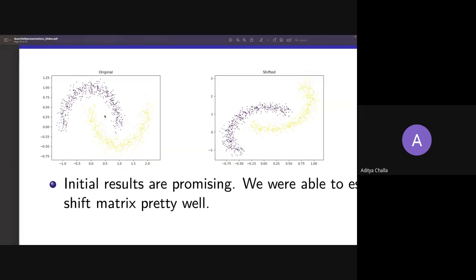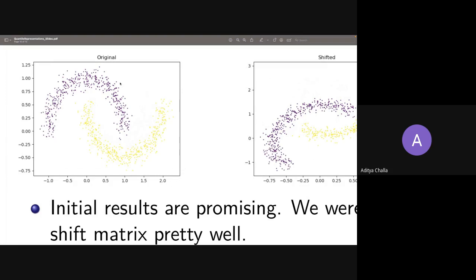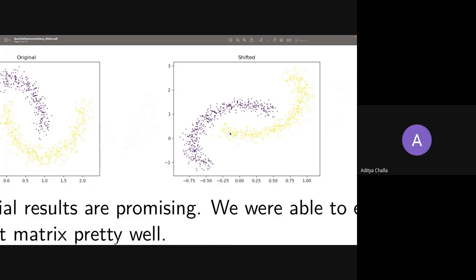So if this was my initial two moons distribution, for the sake of visualization, what I did is I took the 2-dimensional data set in 100 dimensions, and projected it back to the 2 dimensions using the pseudo-inverse of the projection matrix, which I constructed too. So it's in my hands. So this was my original distribution, and this was the shifted distribution in high dimensions.